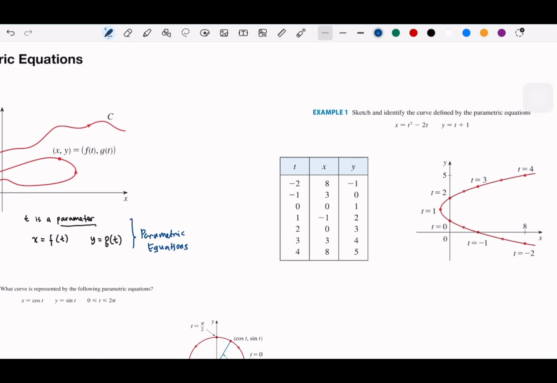You could try by yourself: when you plug in -2, try an x, try a y, you have this position, and it will change when we vary the t. When we change the t, the position changes, and you'll see this parabola. And it has direction, and the direction depends on which t we input. So this is t equals -2, and then go there, go there, go there.